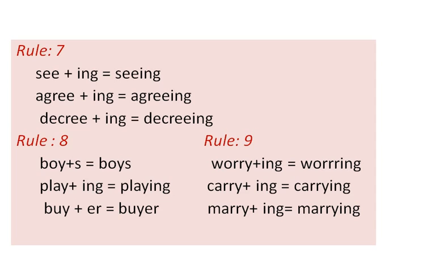Now go to rule 8. When the word ends with Y and has a vowel before it, you keep the Y. The examples are boy plus s, boys, play plus ing, playing, buy plus er, buyer. Now look at the words of rule 9.